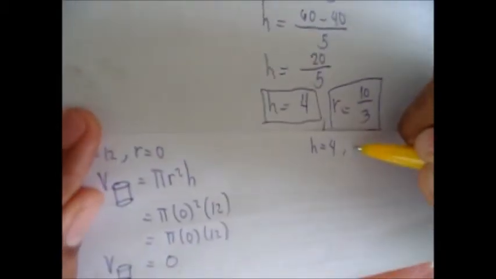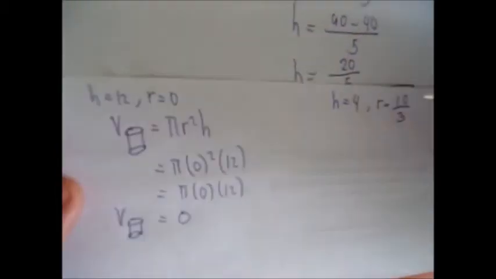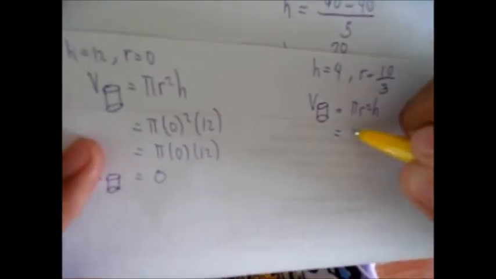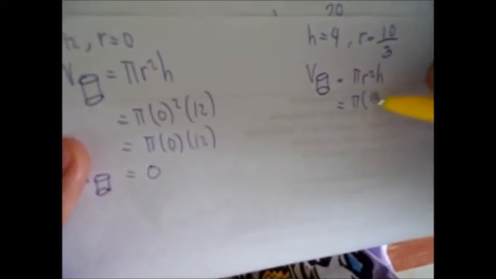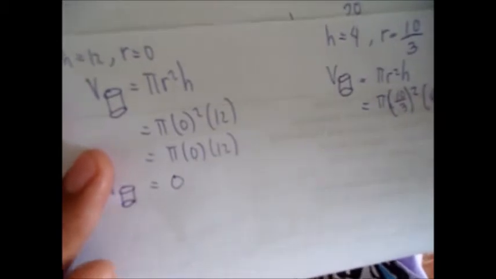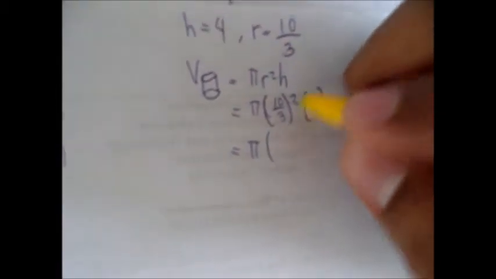Now we need to show h is equal to 4 and r is equal to 10/3 to get the maximum and the minimum. So the volume of the right circular cylinder is equal to pi r squared times height. Substituting, pi times (10/3) squared times 4. So 10 times 10 is 100, 3 times 3 is 9, times 4.